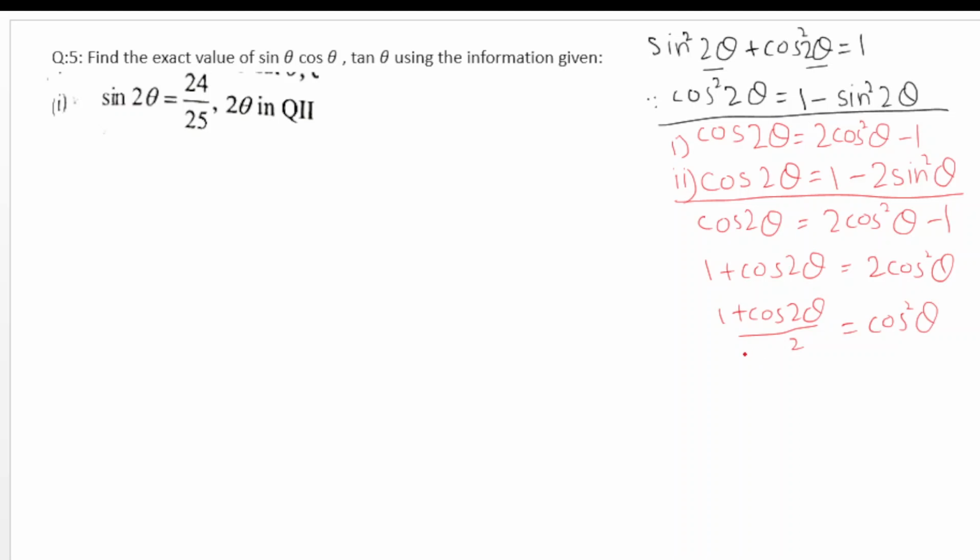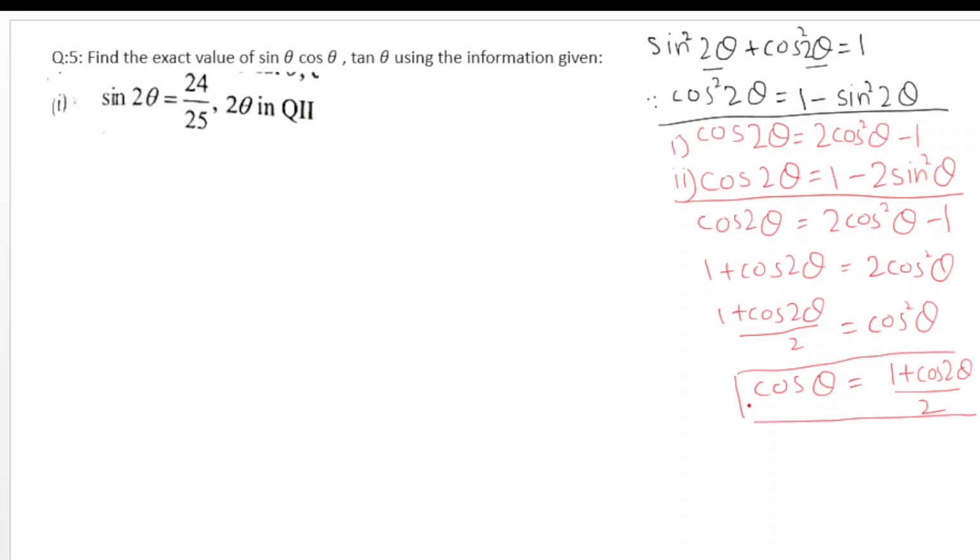The square root of cos square will be simply cos theta, and here the square root will come over 1 plus cos 2 theta by 2. So this is the first formula that we will apply over here.